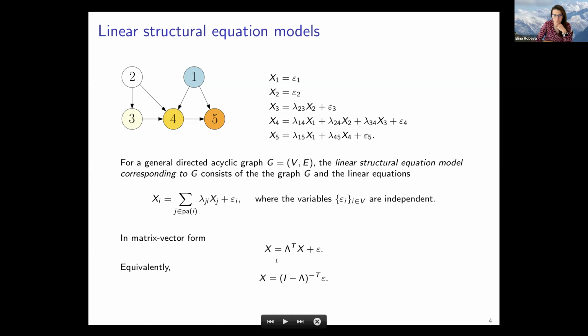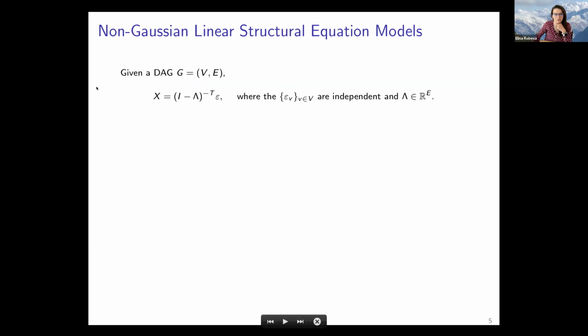Okay, so we have a DAG, X is I minus lambda transpose inverse times epsilon, the epsilons are independent, and lambda lies in what we call R to the E, where E are the edges of G. So lambda ij is 0 if there's no edge from i to j, and possibly non-zero otherwise. So this is sort of our model, and we have samples from this random vector X.